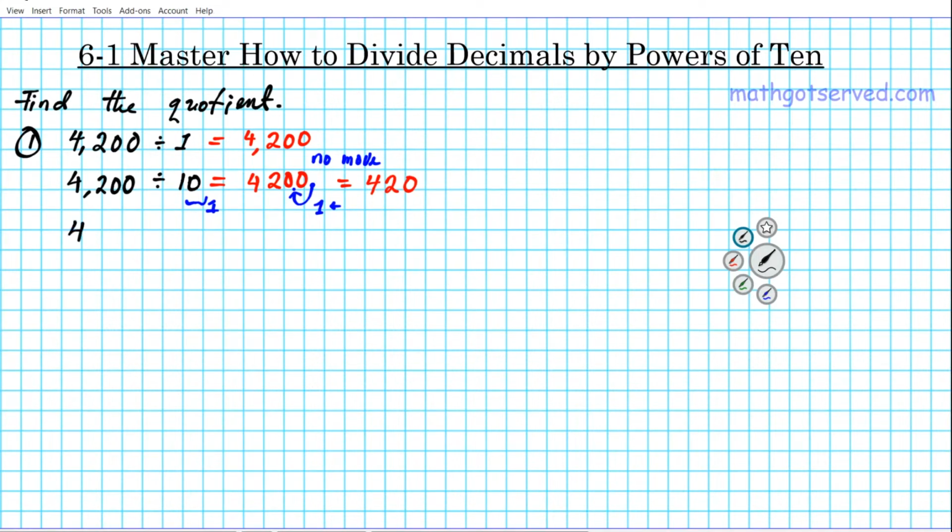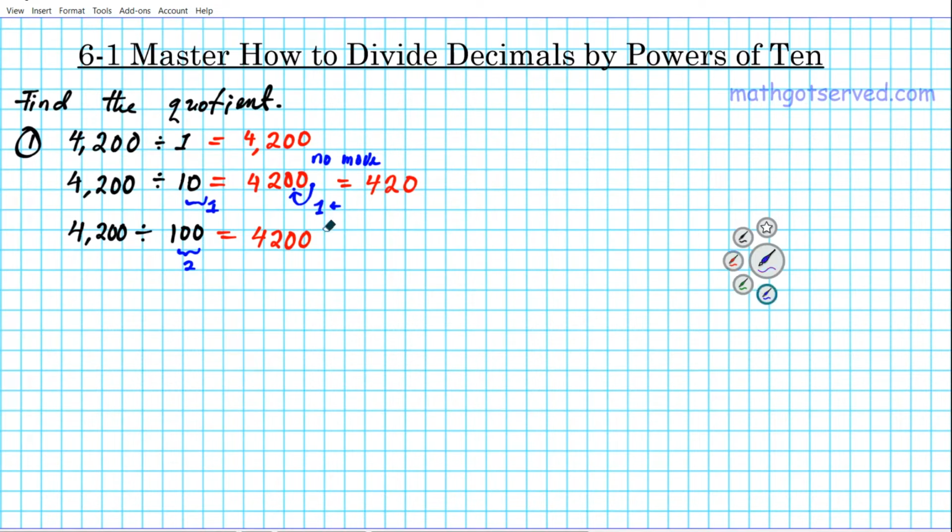Alright, let's take a look at another one. Let's say we have 4200 divided by 100. Now this power of 10 has how many zeros? 2 zeros. Since we're dividing, the number gets smaller, so your decimal point moves to the left. We're starting with 4200.